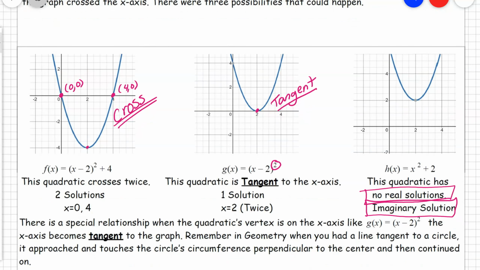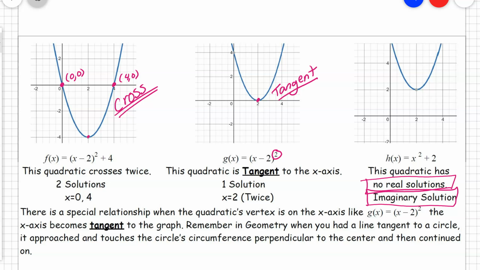All right, so there's a special relationship when a quadratic vertex is on the x-axis, like g of x, so it's talking about this graph right here, equals x minus 2 squared. The x-axis becomes tangent to the graph. Now remember in geometry, when you had a line tangent to a circle, that means that it would approach the circle, touch the circle circumference, aka perimeter, to the center, and then continue on.